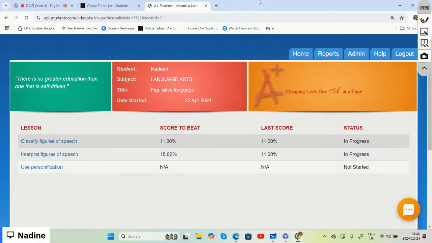So that is figurative languages we went over. Similarly, the irony, personifications, right? And so on. So we had to classify figures of speech.